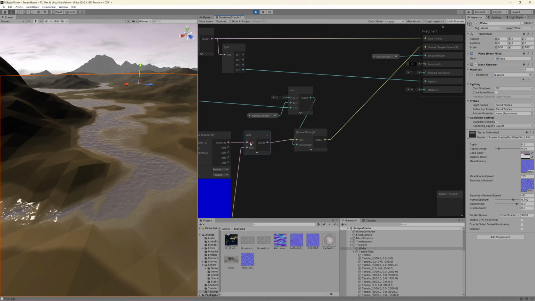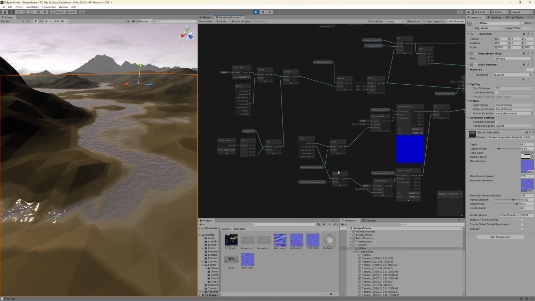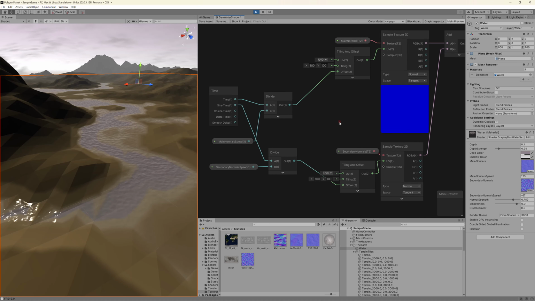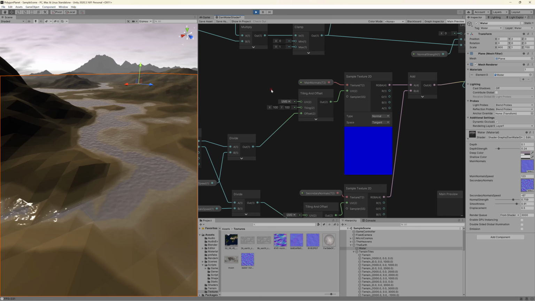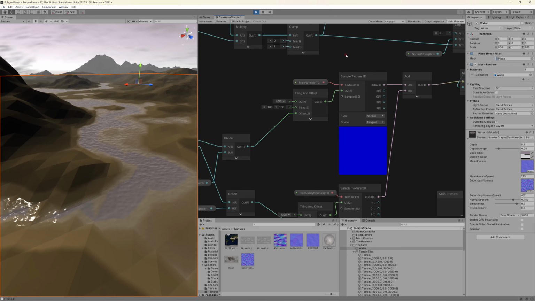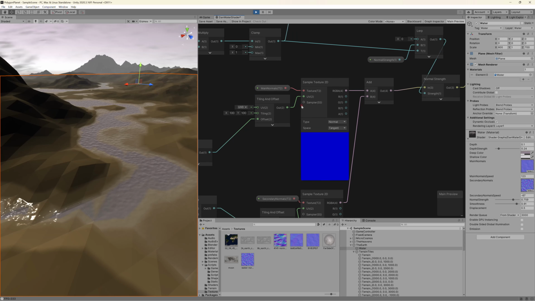So that part of the graph is here. We're using time as our main input, scaling it to be something handy, and using that as a tiling position, just like we used before in moving the vertices of the mesh. So we change our sample point of the normal texture, in our main normal texture here.